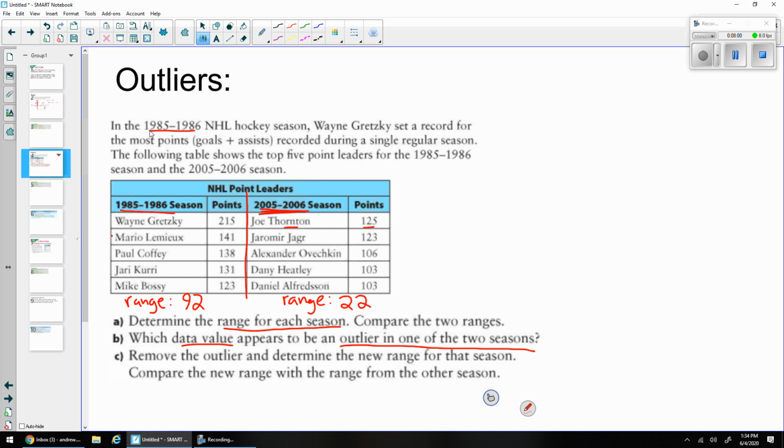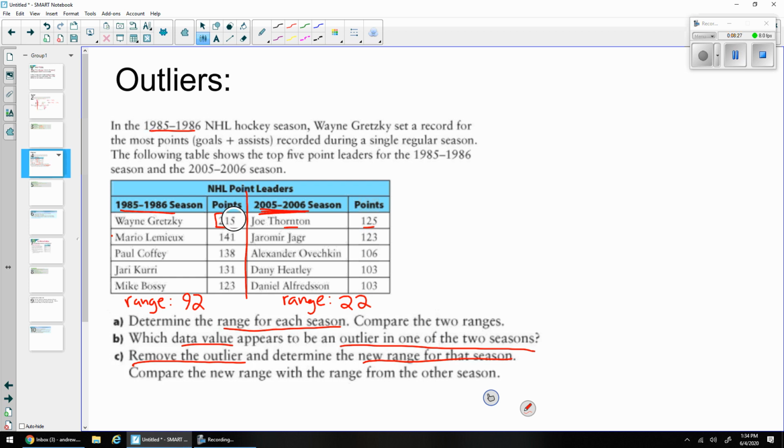Well, really the one outlier that we see is Wayne Gretzky's point number, which is 215. He's the only person in the 200s. Everyone else is below 150, between 100 and 150. So his is definitely an outlier. Okay, so what if we remove the outlier and then determine the new range for the last season?